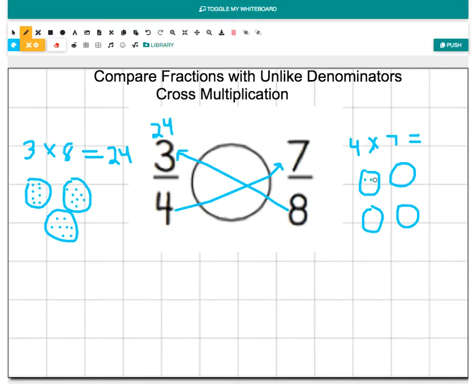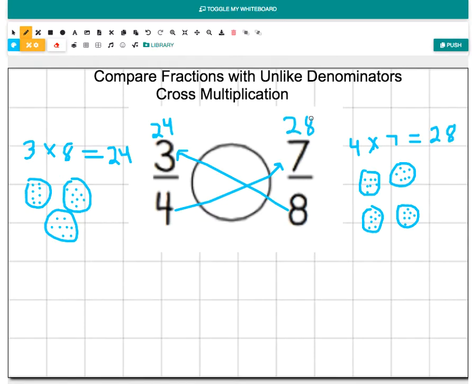Then you just count your dots. So if you count them all up, you'll get 28. So 4 times 7 is 28. I'm just going to write the 28 over here.